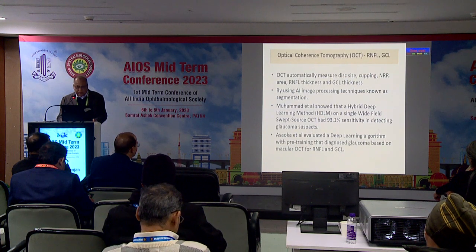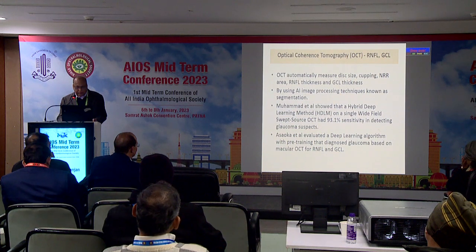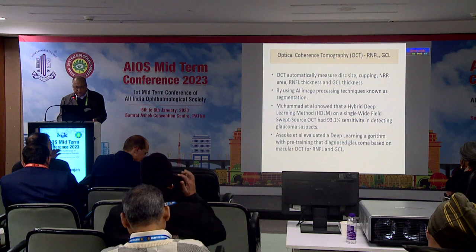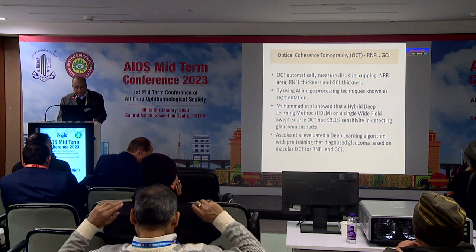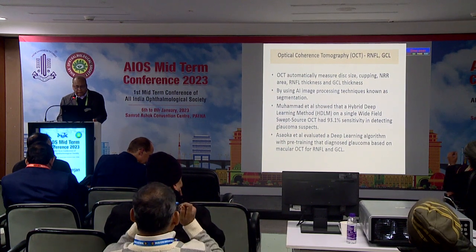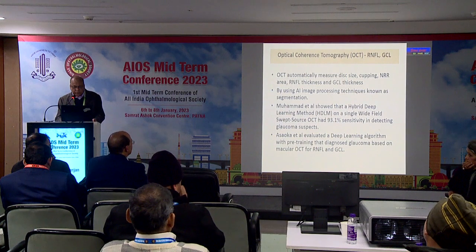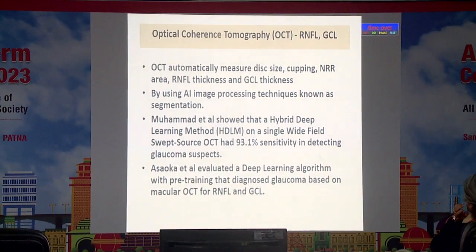Coming to the OCT and OCT findings, the OCT automatically measures the disc size, cupping, neuroretinal rim area, RNFL thickness and the GCL thickness by using artificial intelligence, the image processing techniques known as segmentation. Mohammed et al. have shown that a hybrid deep learning method on a single wide field swept source OCT has 93% sensitivity in detecting glaucoma suspects.